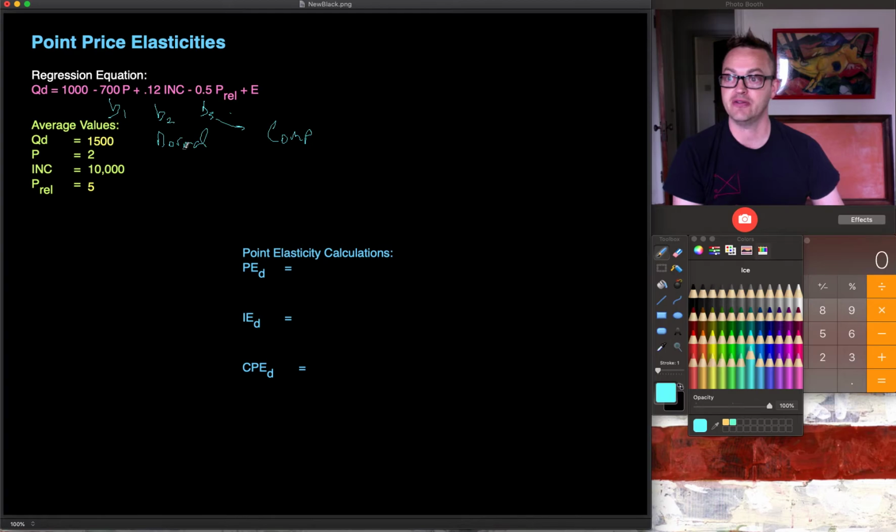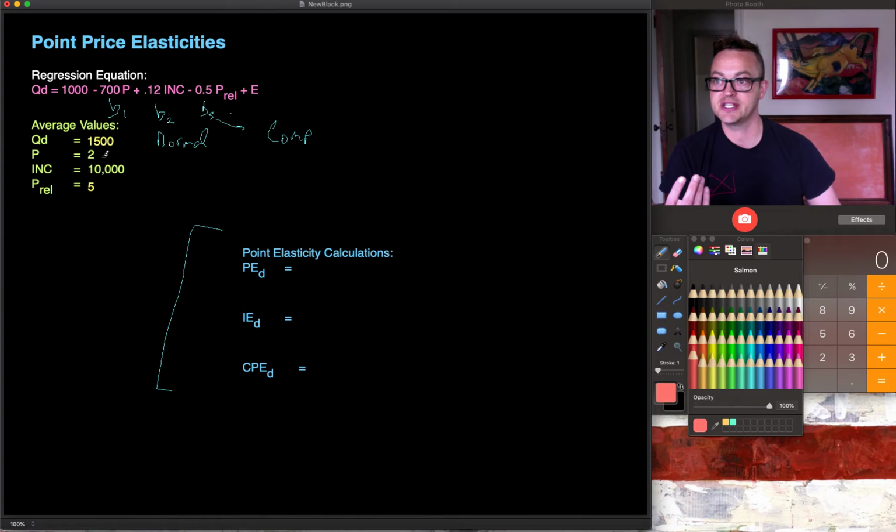Okay, these beta coefficients. Now what we really want to do is use this data to calculate point price elasticities. Because why? Well, maybe next year we plan on increasing this price a little bit. Well, the price elasticity will tell us how we would expect it to affect the number of purchases.